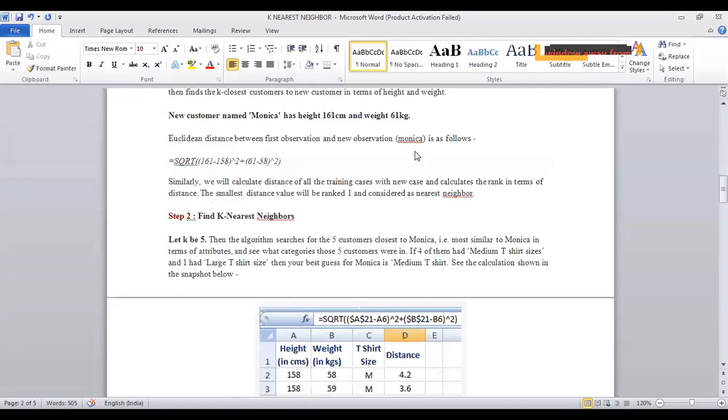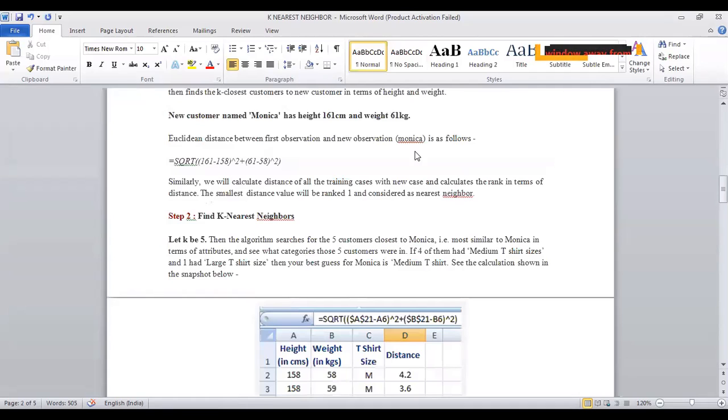You can go back to the table and check the first row. The first row has height 158 and weight 58. So the distance between the new data point and the first data point is given by the square root of (161 minus 158) whole square plus (61 minus 58) whole square.